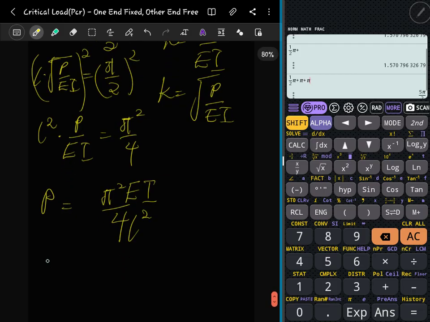So our critical load is pi squared EI on 4L squared.